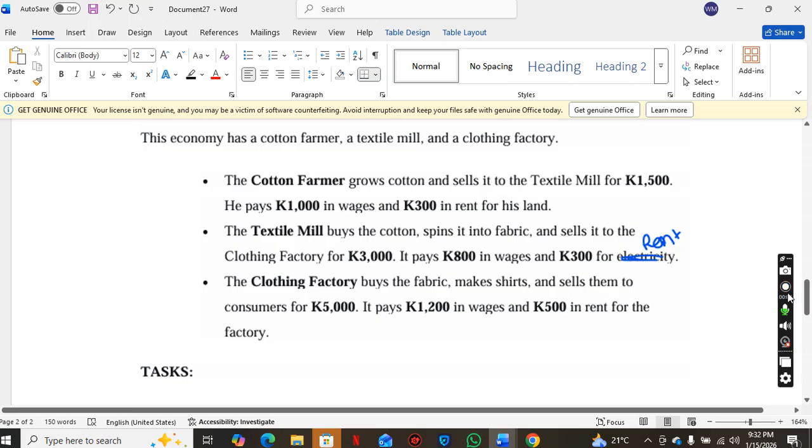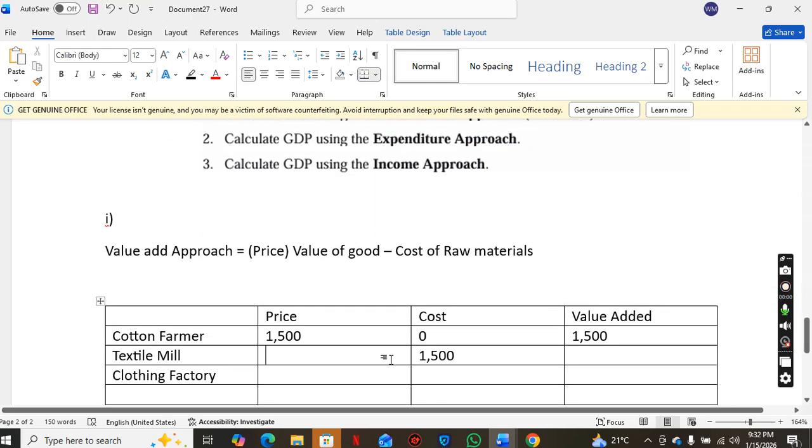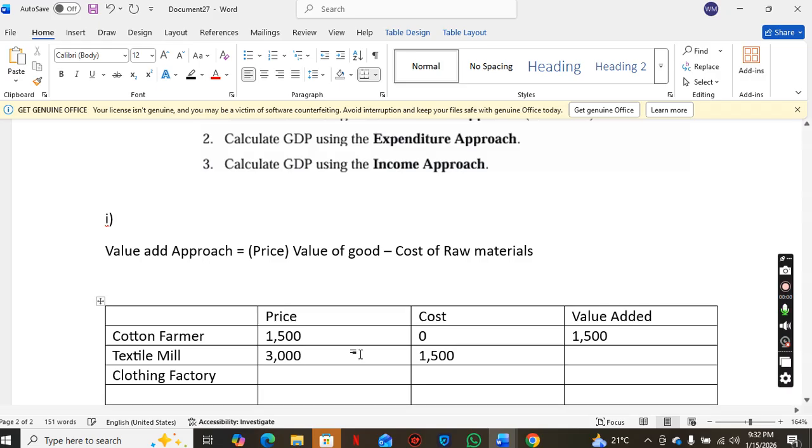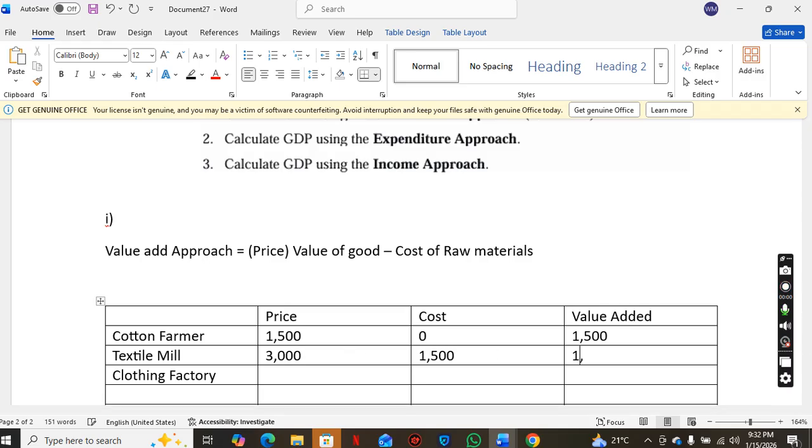So the value added is 3,000 minus 1,500, 1,500 kwacha.